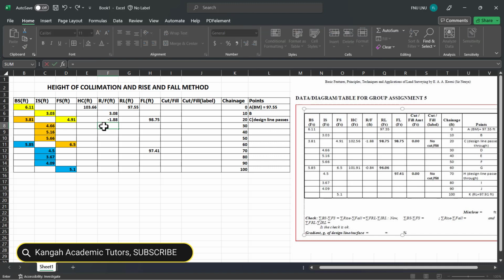Here will be equal to 3.81 minus 4.66, and this one is also a fall. Now to compute this one, I have to subtract 5.16 from 4.66, so 4.66 minus 5.16. It's also a fall because it's a minus.